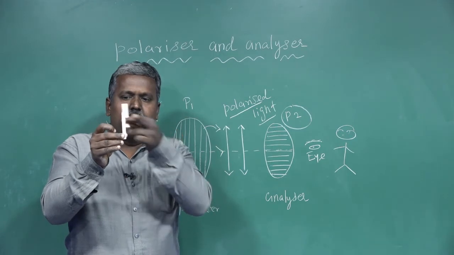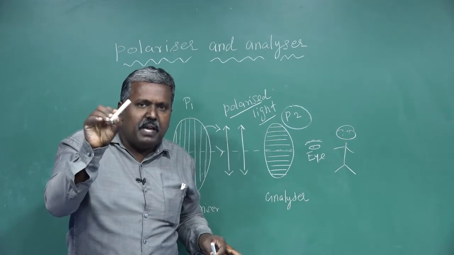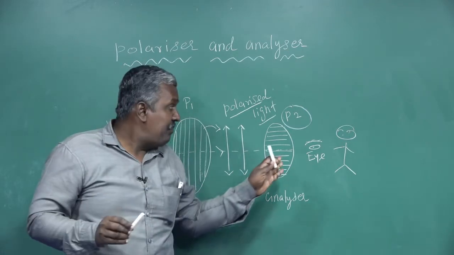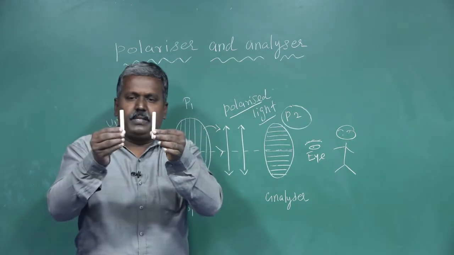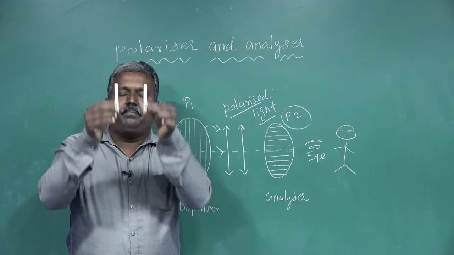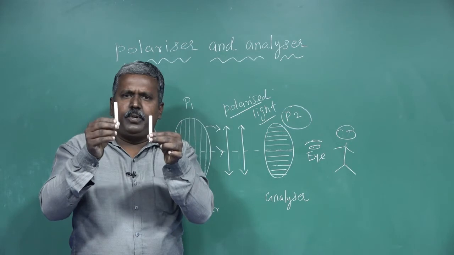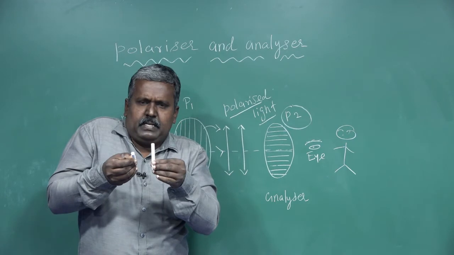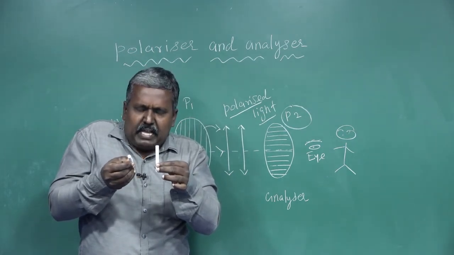The intensity of the light coming out from P2 will be maximum for this particular direction. Both planes of polarization are parallel to each other. Now P1 is kept constant and P2 is rotated through 90 degrees, into the crossed position.